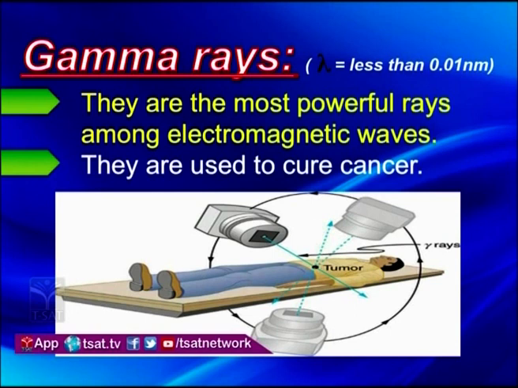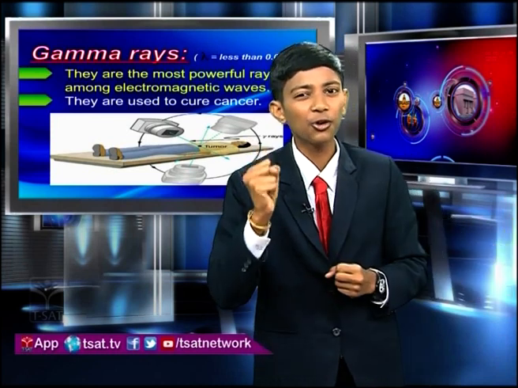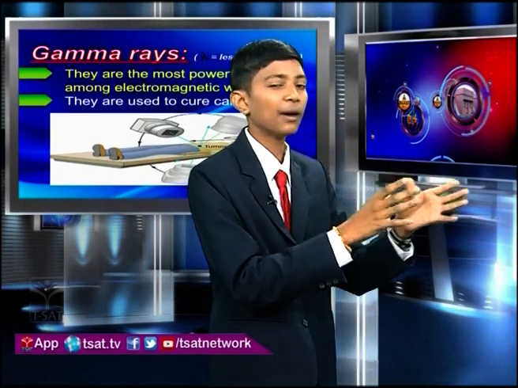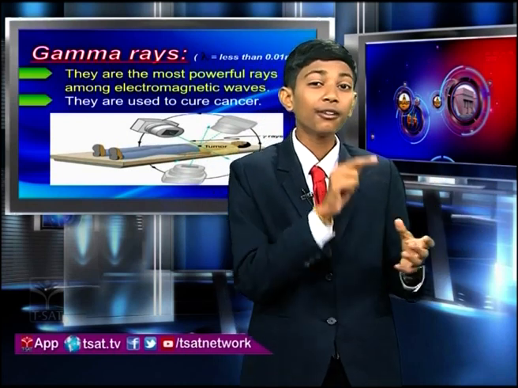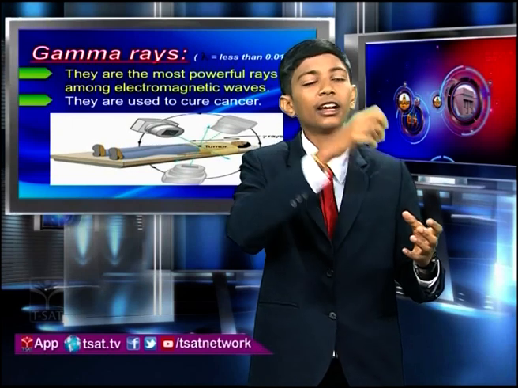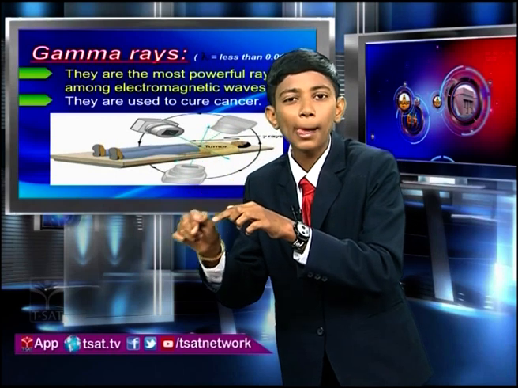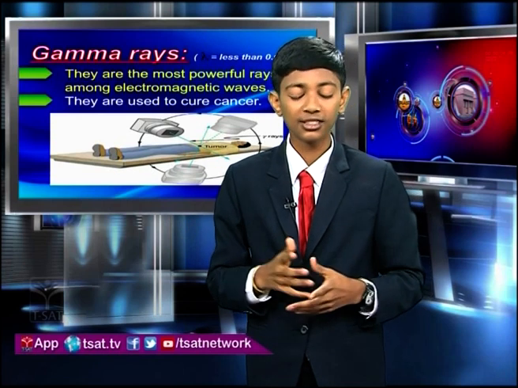So these gamma rays have more energy, and that's why they are called the most powerful electromagnetic waves. When we keep uranium there, the uranium decays itself, and from there we get gamma rays, and those gamma rays are used to kill or cure cancer in the human body. So this is about gamma rays.